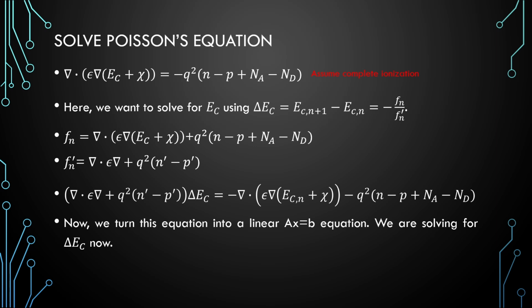Okay, so now we can apply Newton's method to solve the Poisson's equation. As I mentioned earlier, we still assume complete ionization to simplify our calculation. In this Poisson equation, we want to solve for EC. Based on the equation we derived in previous slides, delta EC, which is EC at the n+1 iteration minus ECn, equals minus Fn over Fn prime.